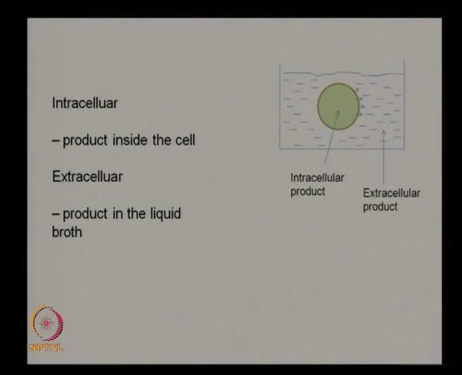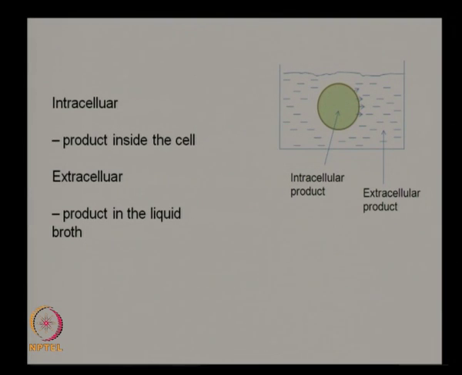There are many products which are made intracellular, many products which are made extracellular. Some proteins are intracellular, that means they grow inside as a Golgi body, or they are inside, so you need to take it out, that means you need to break the cells and take the product out.